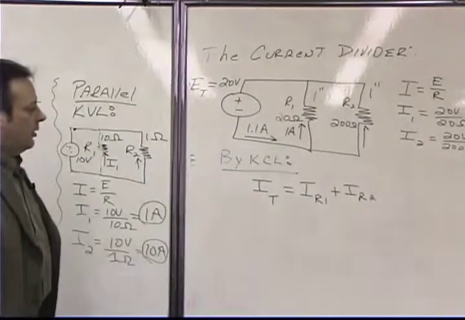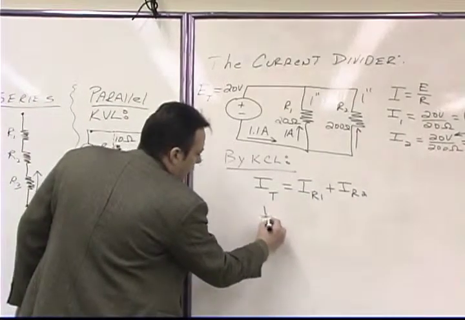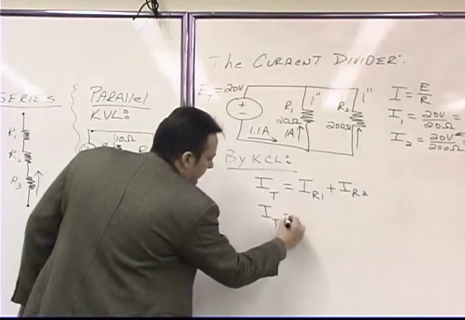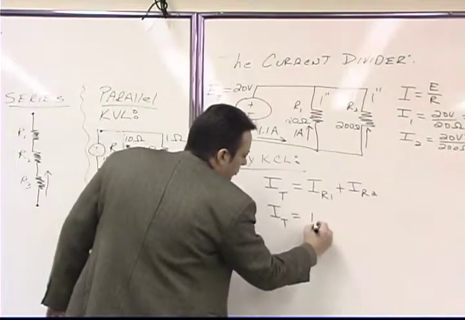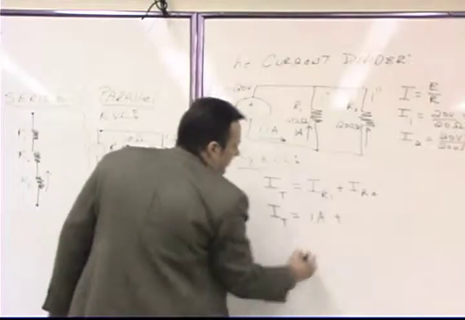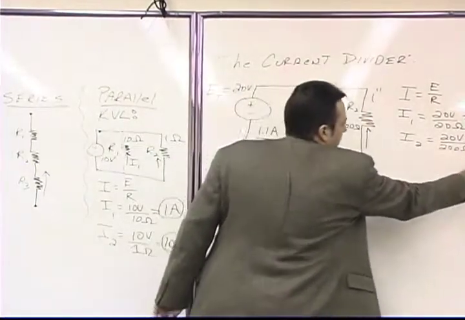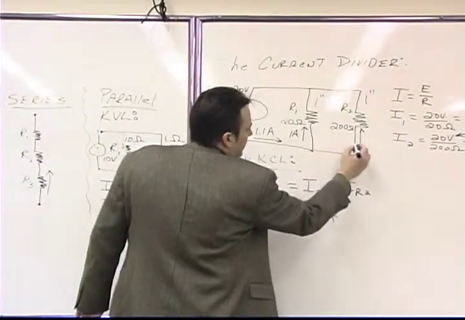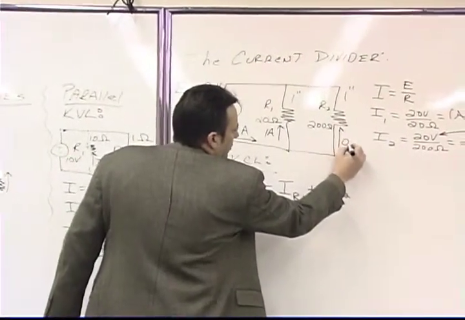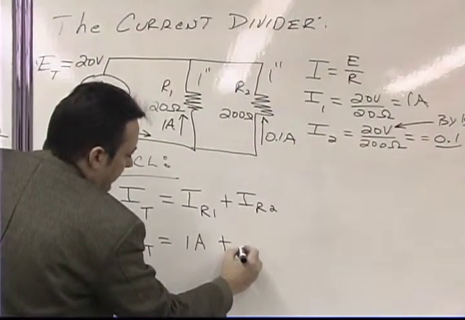So if we try plugging those numbers in, we find that the total current is equal to the current flowing in resistor 1, which is 1 amp, plus the current flowing in resistor 2, which we found to be 0.1 amp. Let's label this 0.1 amps.